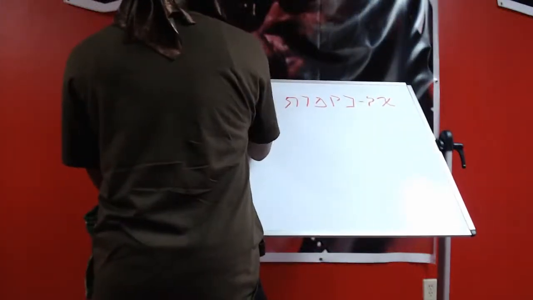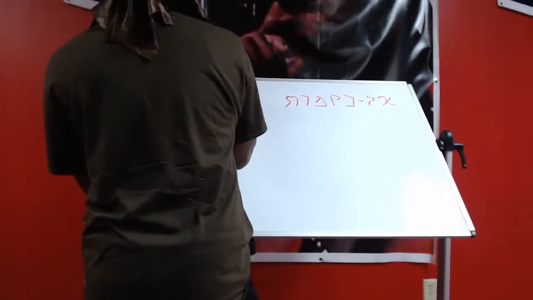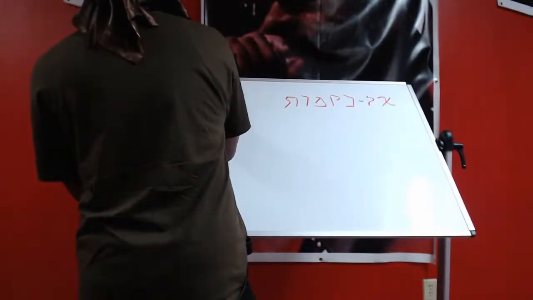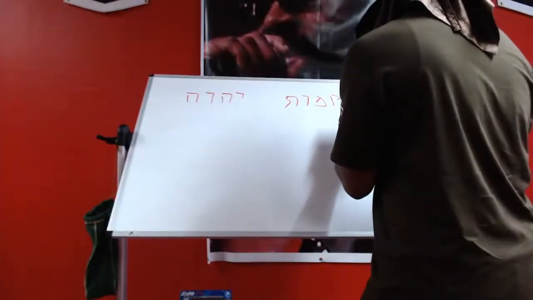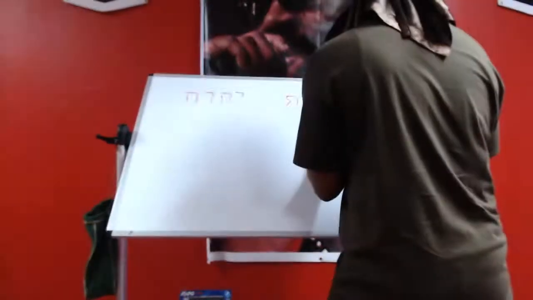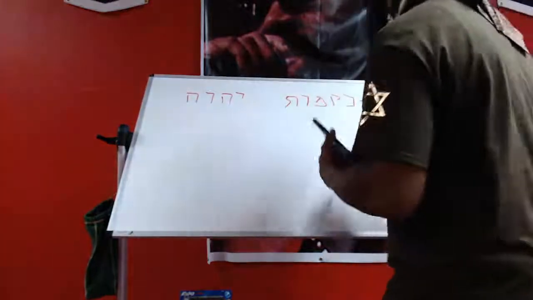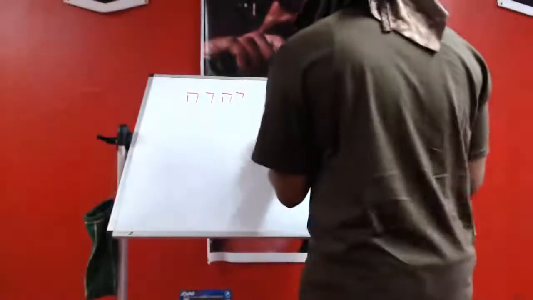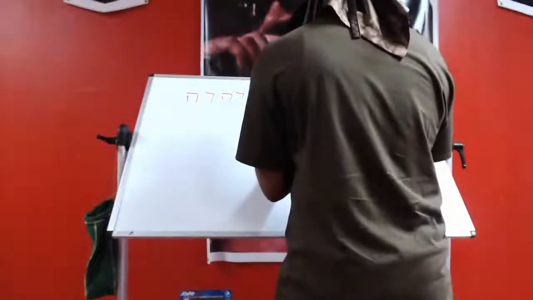So his people have been wronged, if you will. All right, so please continue with that. O God, to whom vengeance belongeth, show thyself. Okay. So right here, they're asking for the Most High to declare vengeance, to take vengeance, and show himself. Okay?